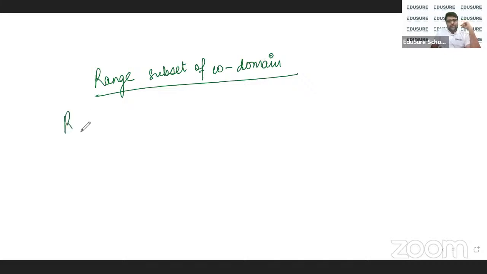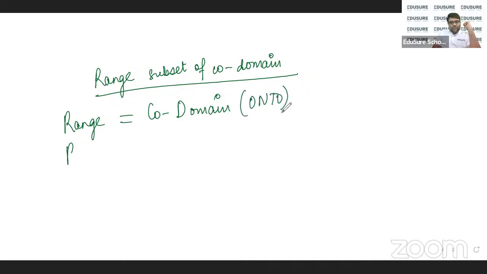So whenever the range is equal to the codomain, that is, each and every element in the codomain is mapped, or has a pre-image in the domain, it's called an onto function.